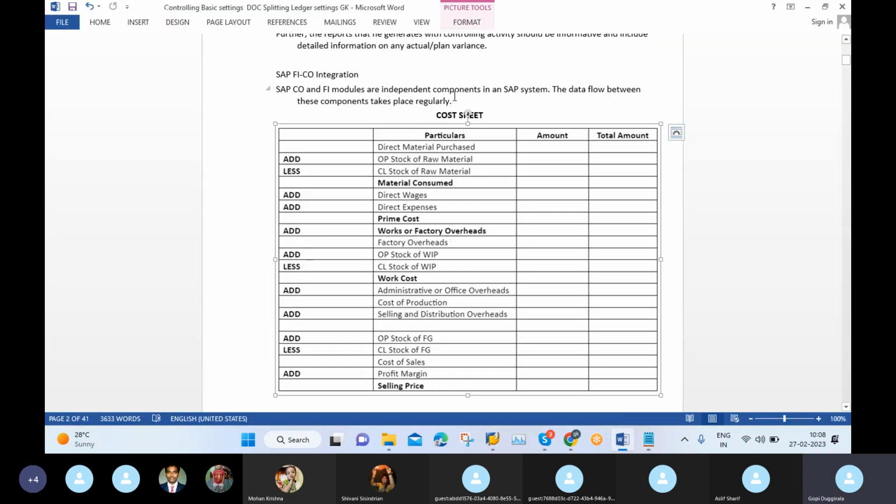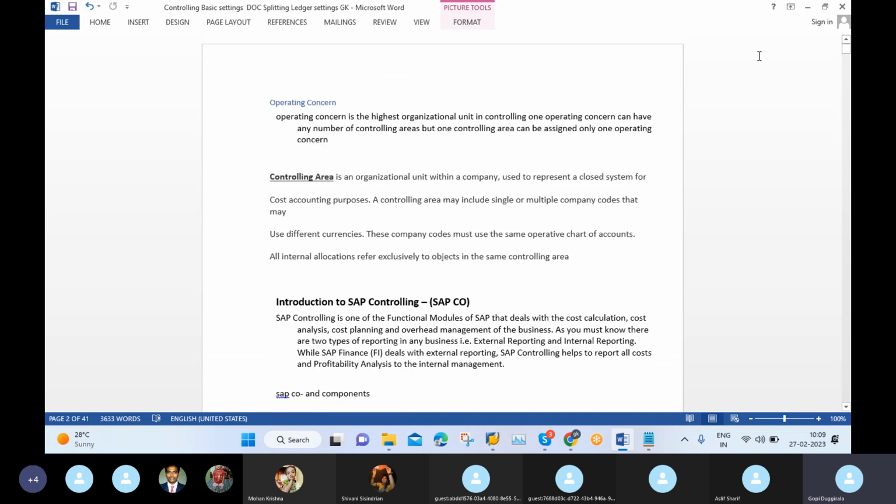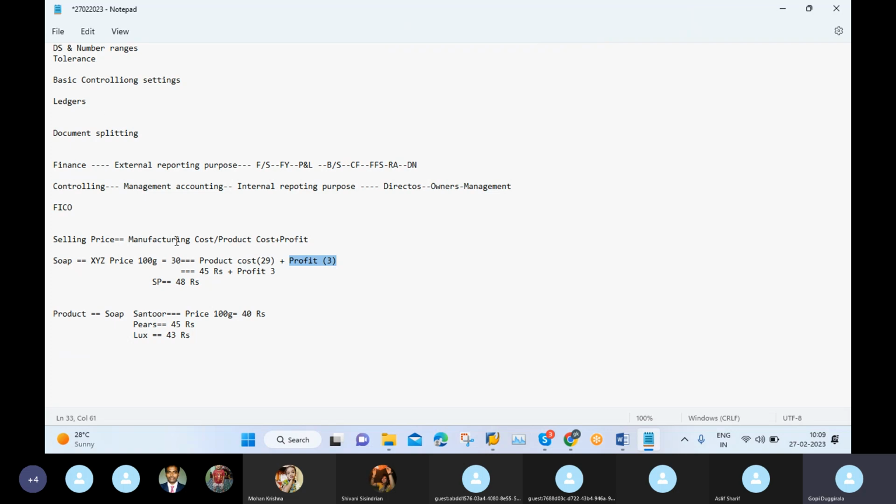If you observe, this is the importance of controlling. Okay, so then we can start our chapter. Up to now, our chapter has not started. This is why we need to maintain management accounting over controlling in SAP.